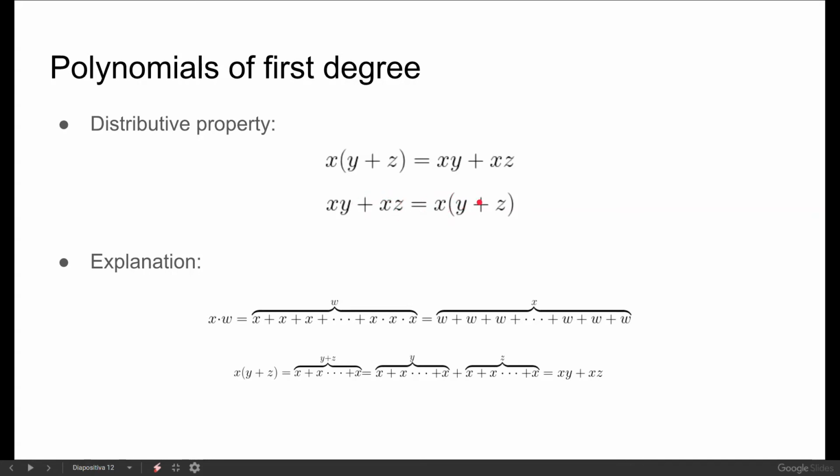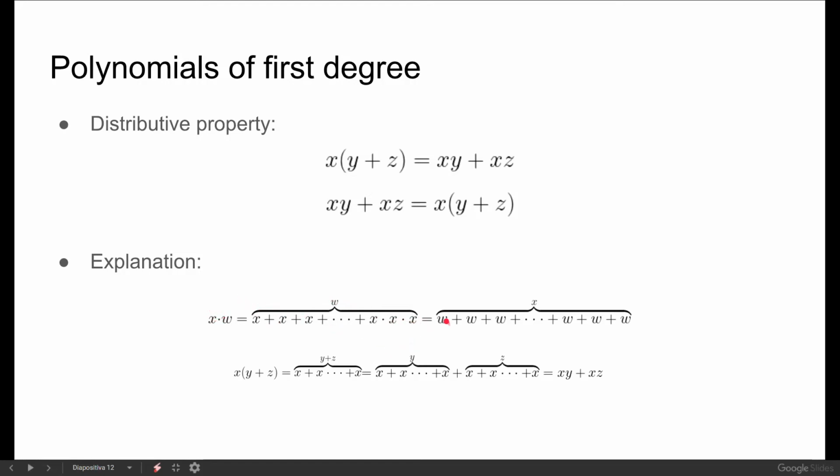Why can I do this? Well, if we take a look at the definition of multiplication, let's say we are multiplying x times w. We know that multiplying x times w is the same as adding up x, w times: x plus x plus x plus x, a total number of w times. And that is also equal to adding w, a total of x times.